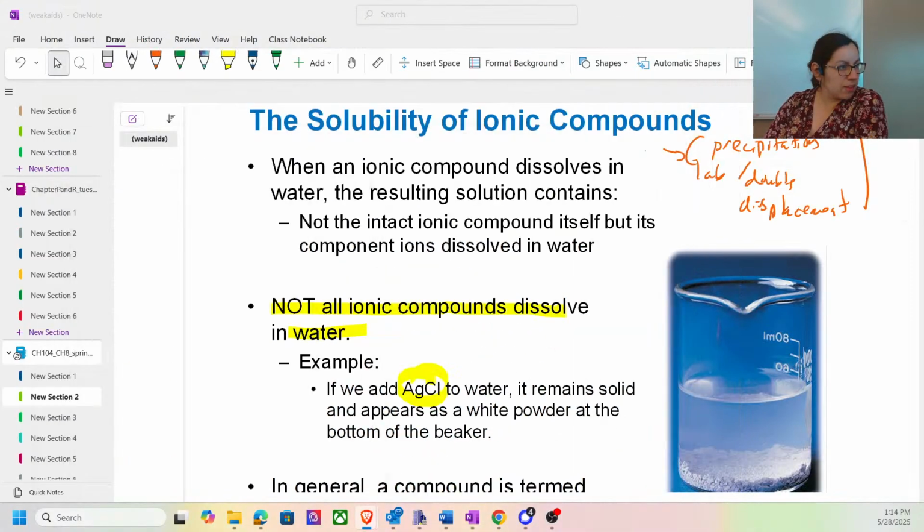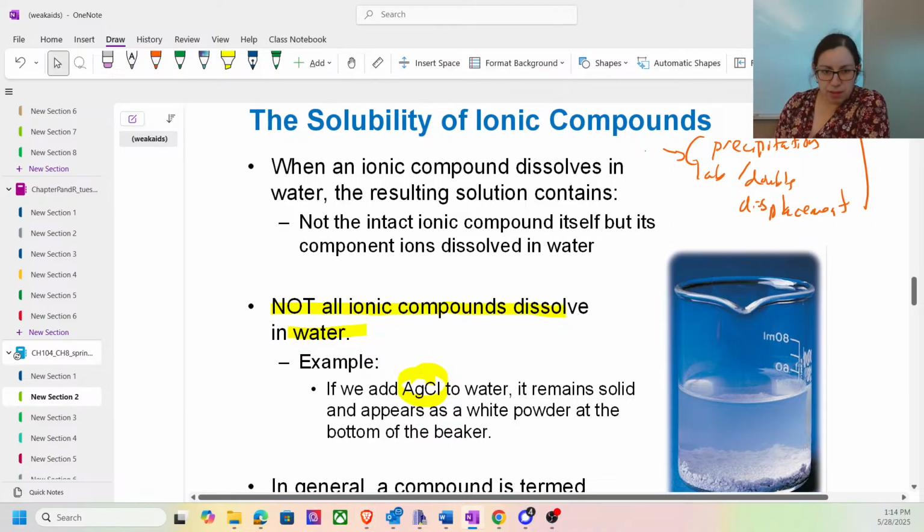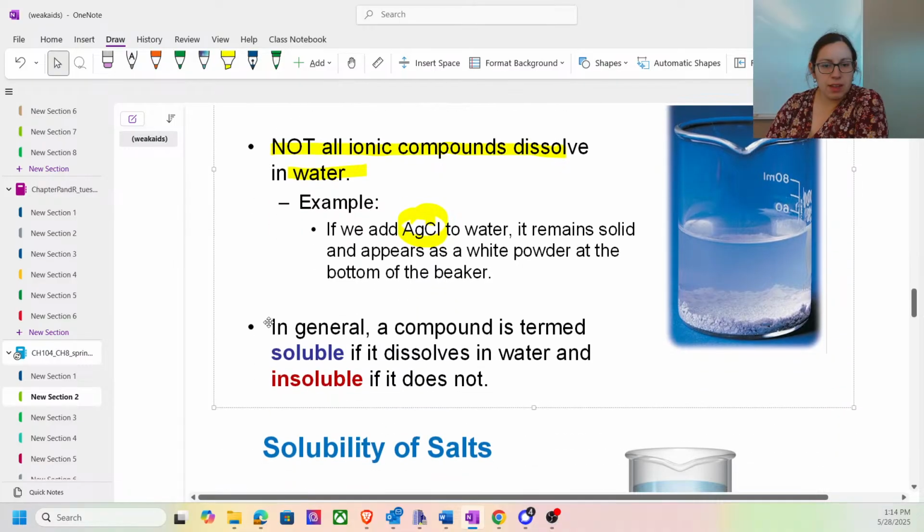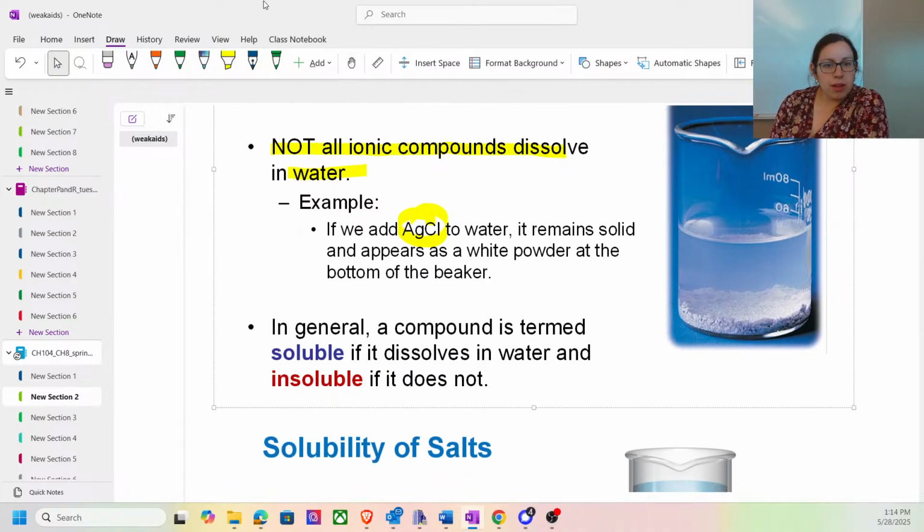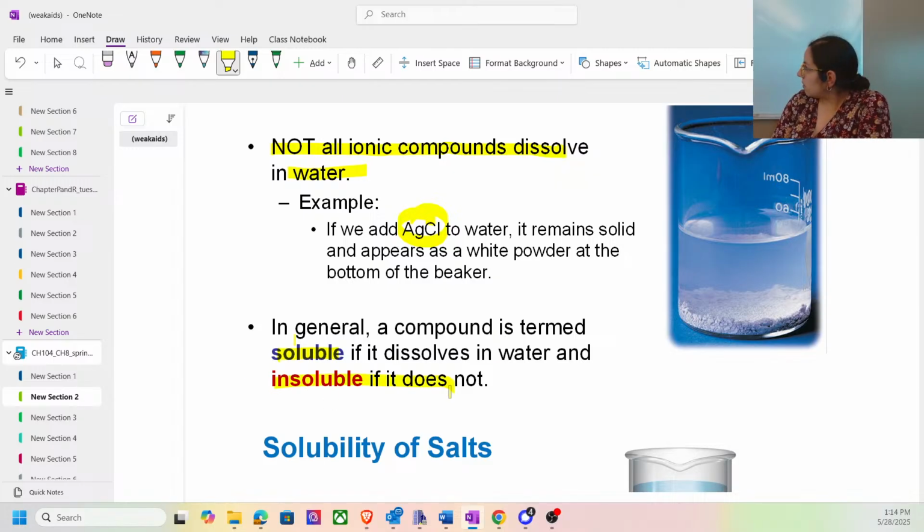That's the scientific backing behind these rules that we'll just accept. We'll look at these general rules: we have our term soluble if it dissolves in water, and generally insoluble if it does not.